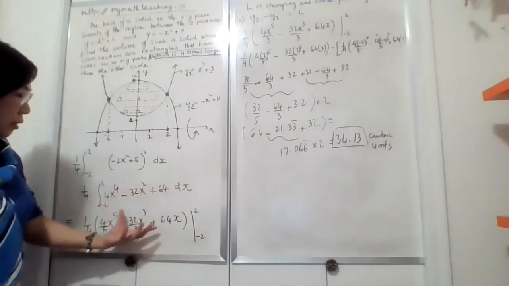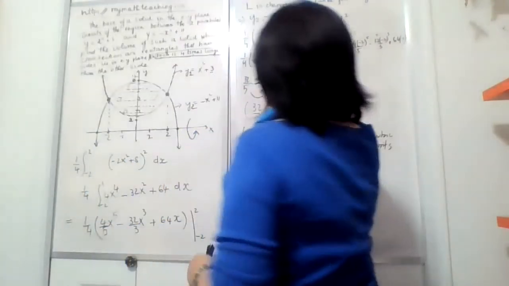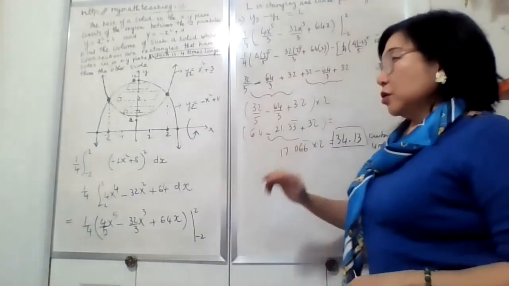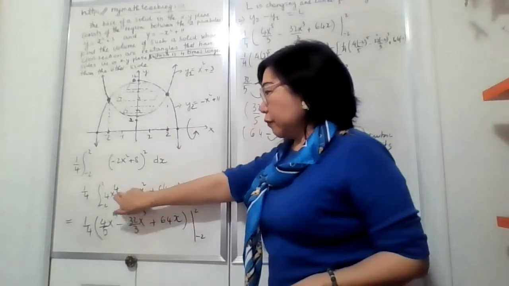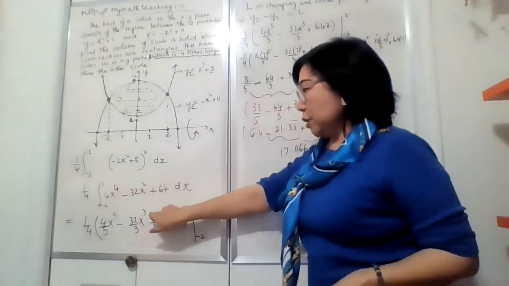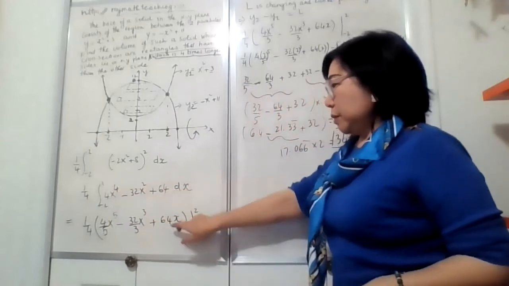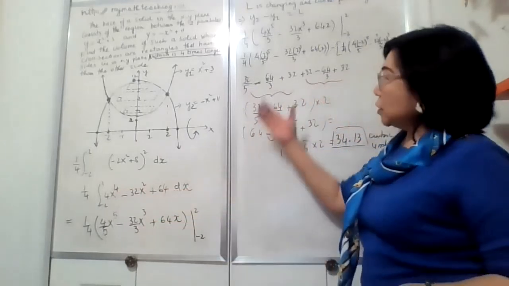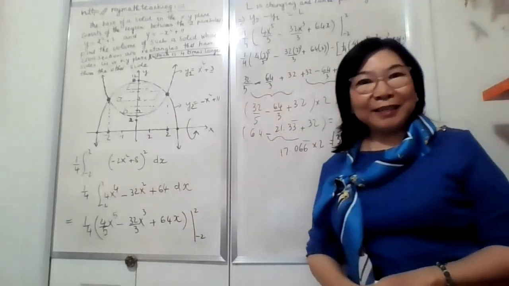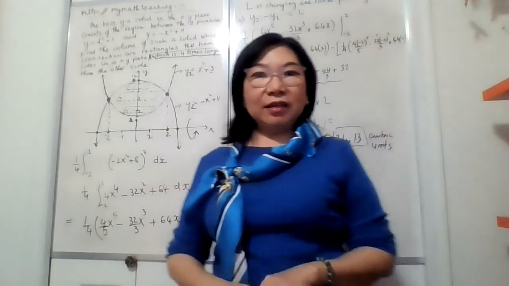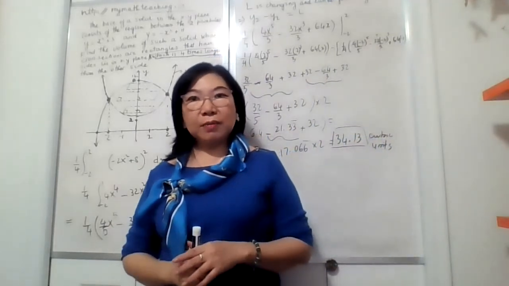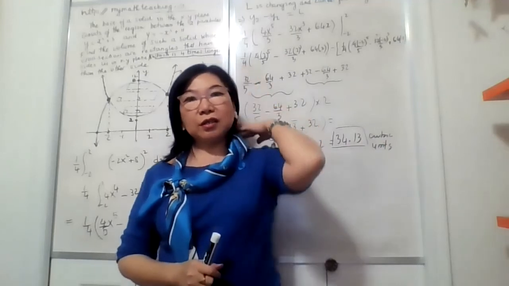We do the antiderivative, and everybody already knows the procedure of antiderivative, right? So we change this x4 to become x5, and divide by 5. Change this x2 to become x3, and divide by 3. This becomes 64x, and we substitute in and we get that answer. So actually, not bad, right? For the question and the way we do it by using integration.